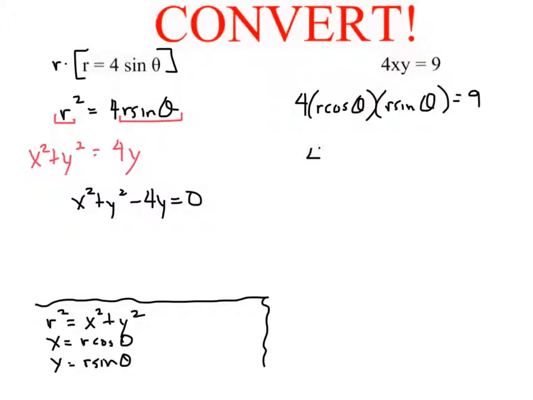So we've got 4r squared cosine theta sine theta equals 9. And that's really all you'd have to do. Okay? So the conversions, you really only need to use these 3 things, and you just kind of play. So this first one was polar. We turned it into Cartesian. And the second one was Cartesian, and we turned it into polar.